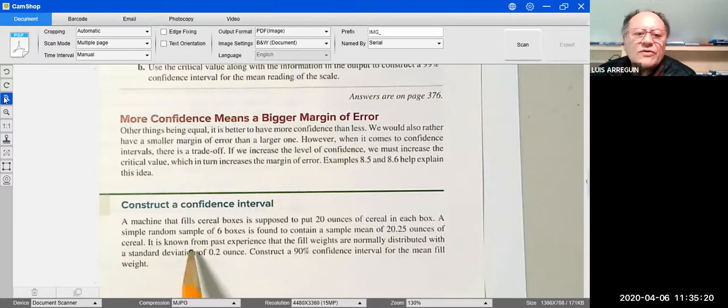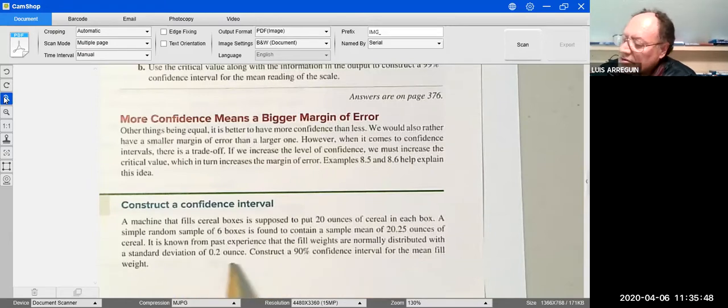It is known from past experience that the fill weights are normally distributed. This is another important thing. They are telling you that the population is normal, so it doesn't matter that n equals 6. They are saying normally distributed, so we don't need to have n greater than 30.